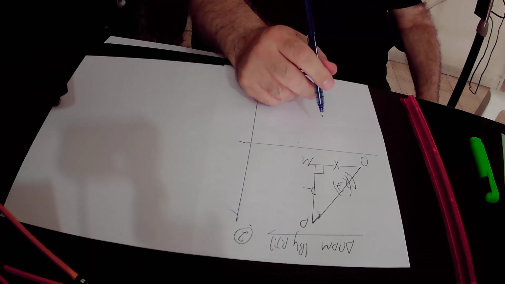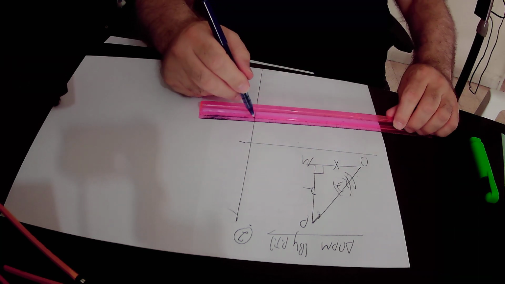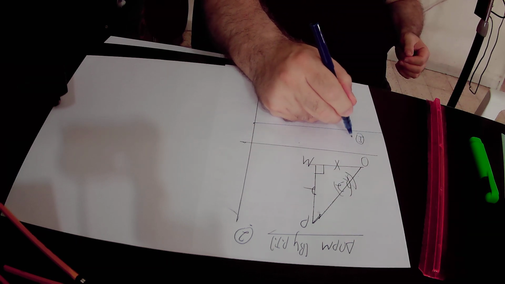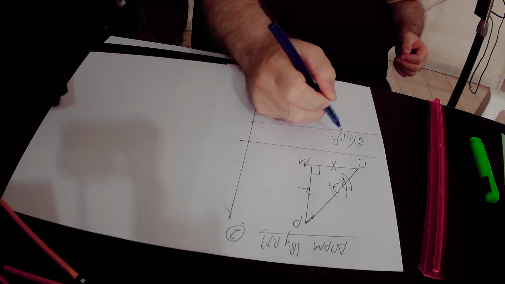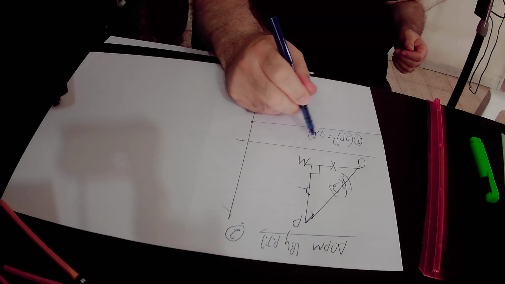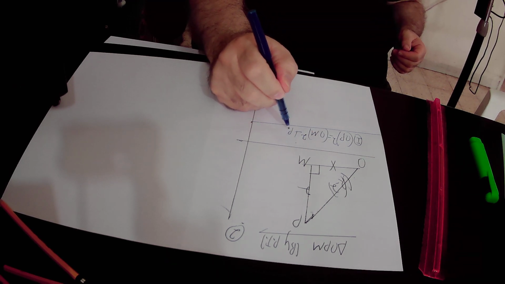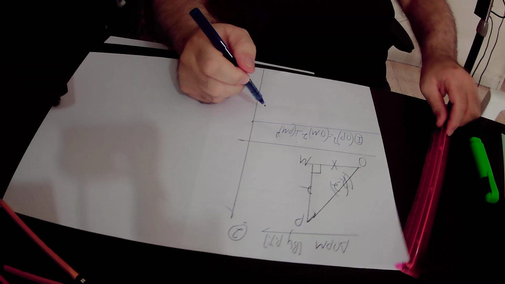The hypotenuse is OP, therefore the square of the hypotenuse is OP squared, and it must be equal to OM squared plus PM squared.